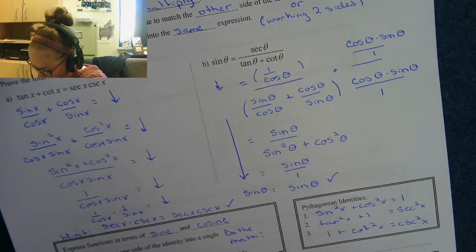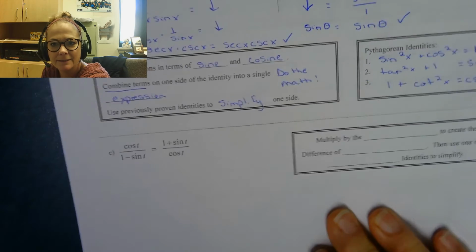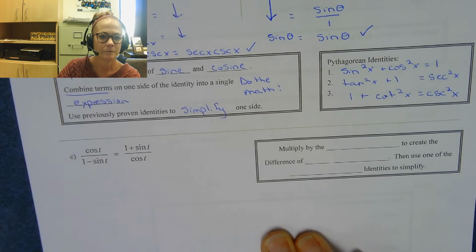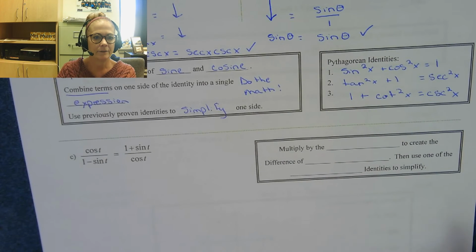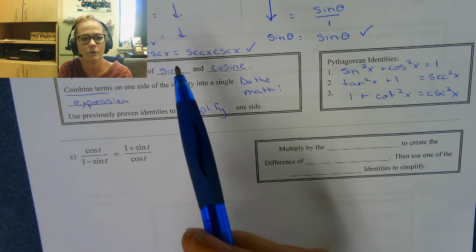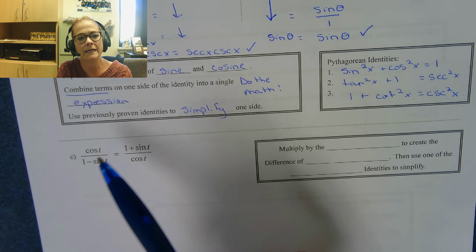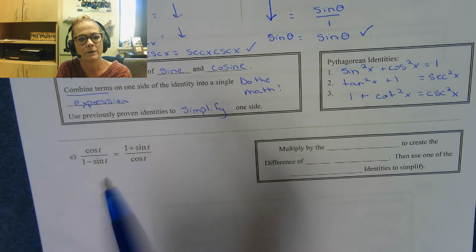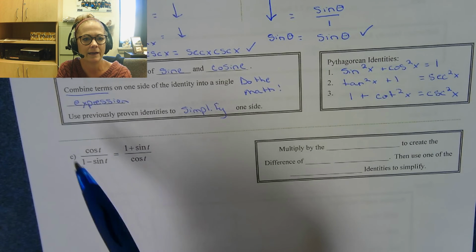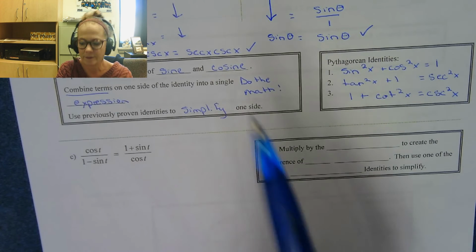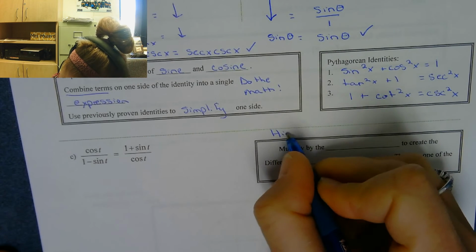Okay, so let's go down here. Here's another hint. These are already in terms of sine and cosine, so this hint's not going to work. So what are we going to do? Do the math. Not a lot of math to do here. So another hint is to multiply.